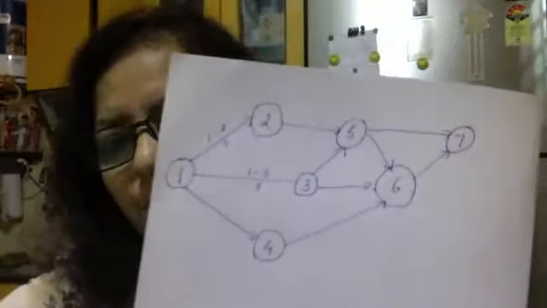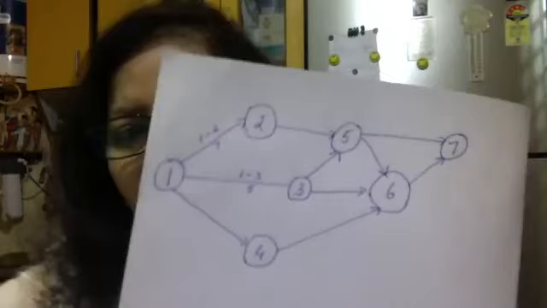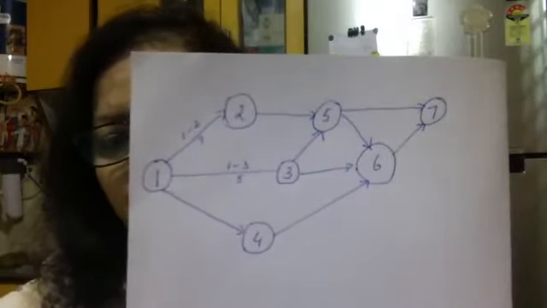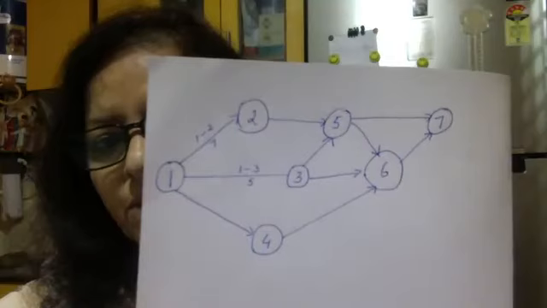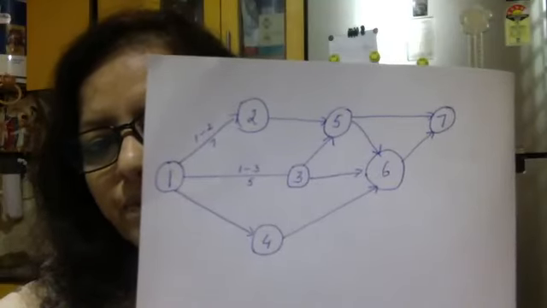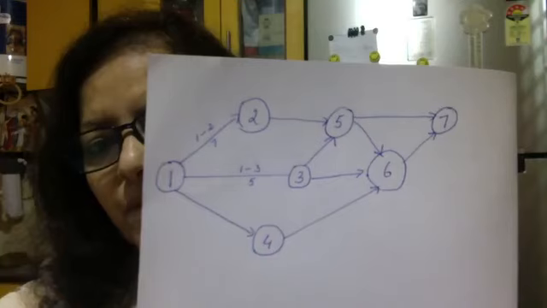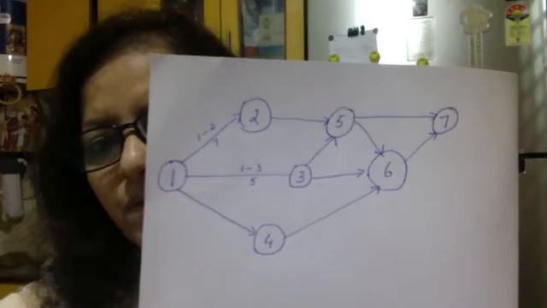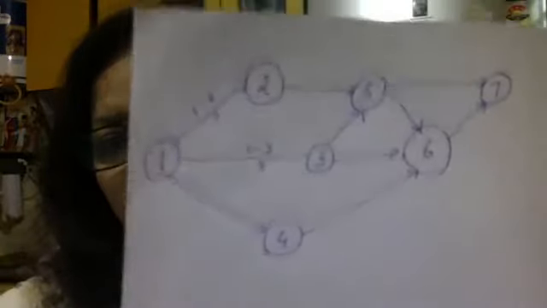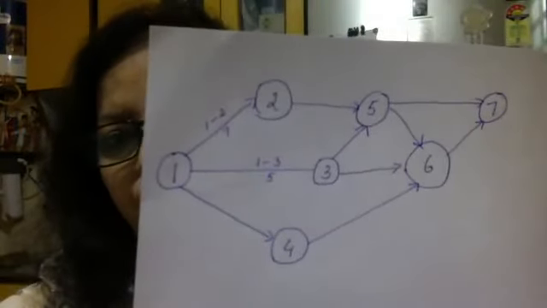Class, I will give you 1 minute to do the problem. If you have not done it with me, please do the network. There may be some of you who have not done the network, so I'm showing you. First, do 1 to 2, 1 to 3, 1 to 4. See, I'm showing you the model. I would like you to copy. I'll give you a minute.